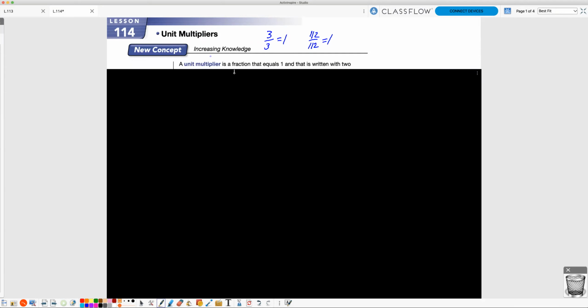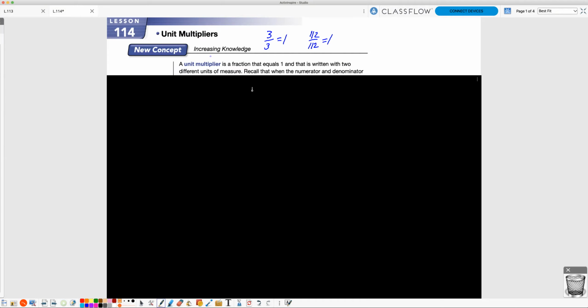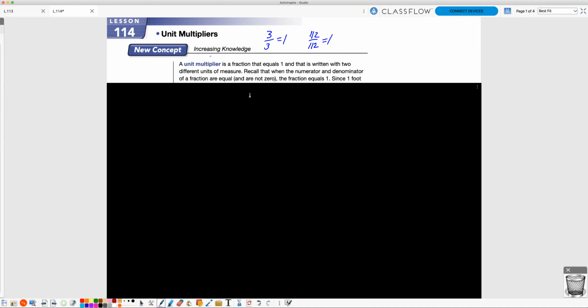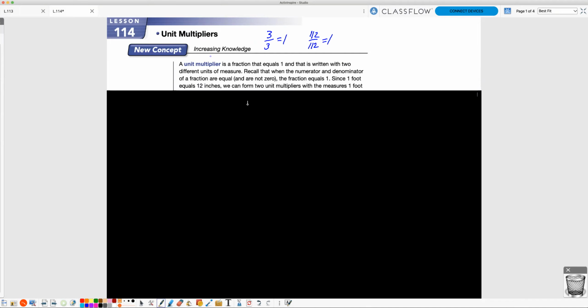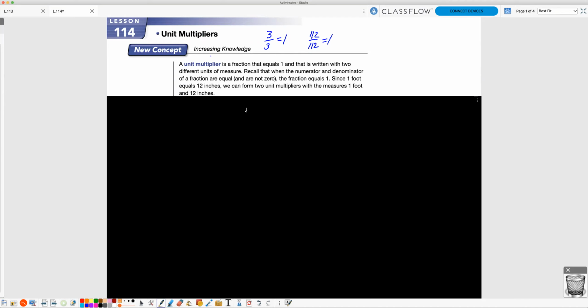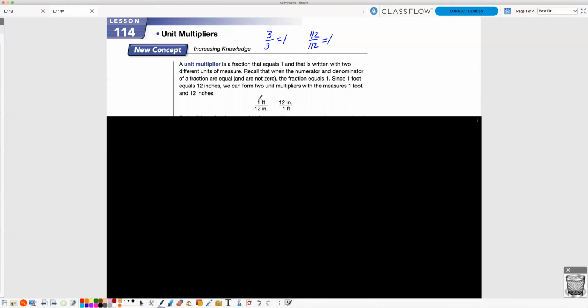A unit multiplier is a fraction that equals 1, and that is written with two different units of measure. Recall that when the numerator and the denominator of a fraction are equal and are not 0, the fraction equals 1. Since 1 foot equals 12 inches, we can form two unit multipliers with the measures 1 foot and 12 inches. 1 foot is the same as 12 inches.